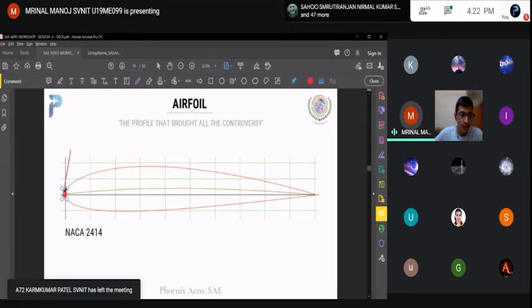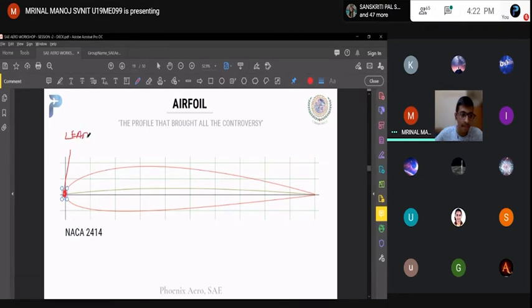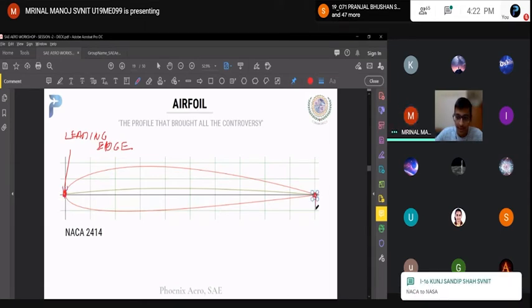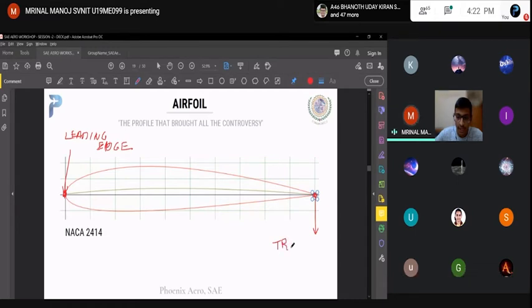This is called the leading edge, because it's in the front part of the airfoil. Moving the same way backwards, at the end, this is called the trailing edge.